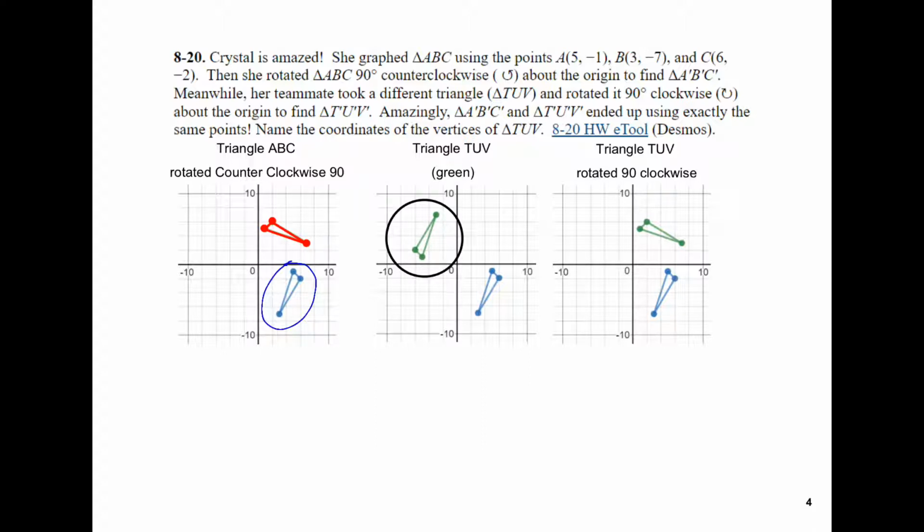So looking at this red triangle, it's triangle A prime, B prime, C prime. Looking at the blue triangle was ABC. Looking at the green triangle, if we take TUV and we rotate that one to get T prime, U prime, V prime, they end up being directly on top of one another.